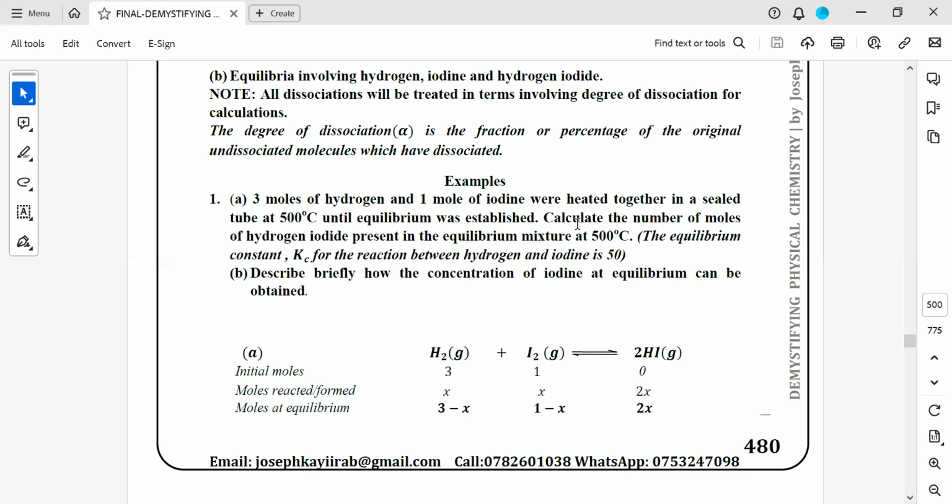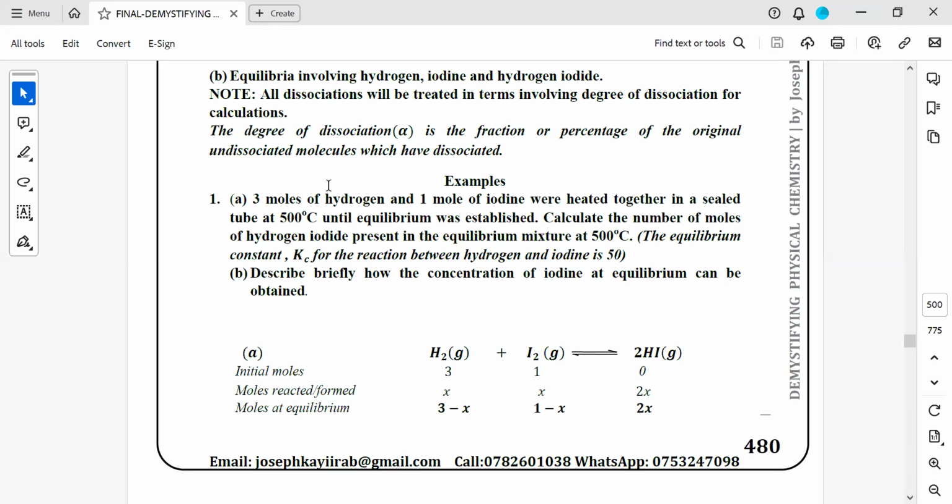Okay, so we are going to begin from where we stopped last week. I remember I left off when someone was asking a question about when do we apply dissociations. My battery cut me short, so I'll begin from there. I was talking about equilibria involving hydrogen, iodine, and hydrogen iodide.